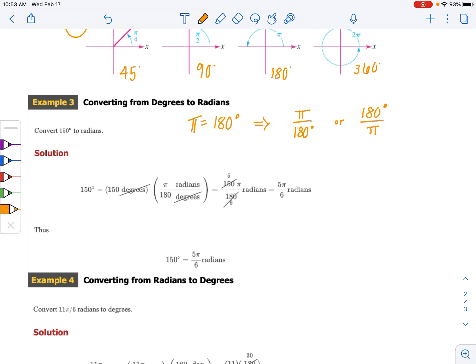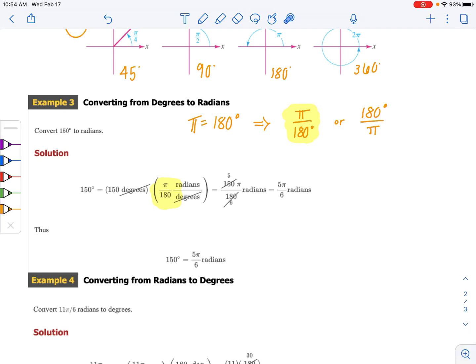Here I'm starting with degree. I have 150 degrees. So in order to cancel out my degree units, degree has to be in the denominator, telling me I'm going to use this conversion. Again, because we're starting with degree, that's our numerator.